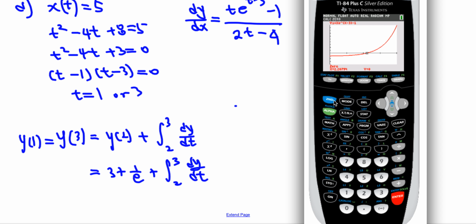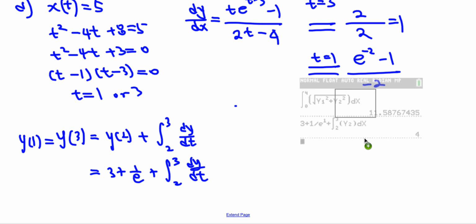So 3 plus 1 over e plus the integral from 2 to 3 of dy/dt.